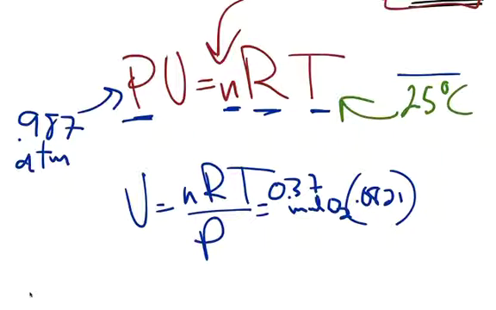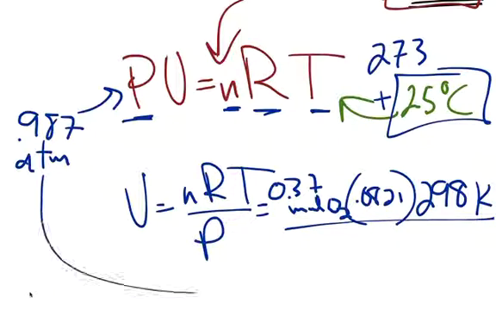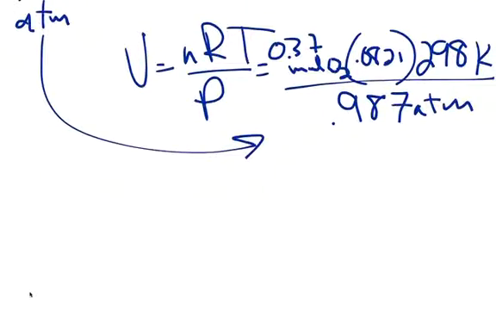Now my temperature, remember, temperature always has to be in Kelvin. So it's 273 plus the 25, so we're at 298 Kelvin. 298.15 if we want to be very particular. And pressure, notice it is already in atmospheres, which works with the R that we're using, so we don't have to convert it.